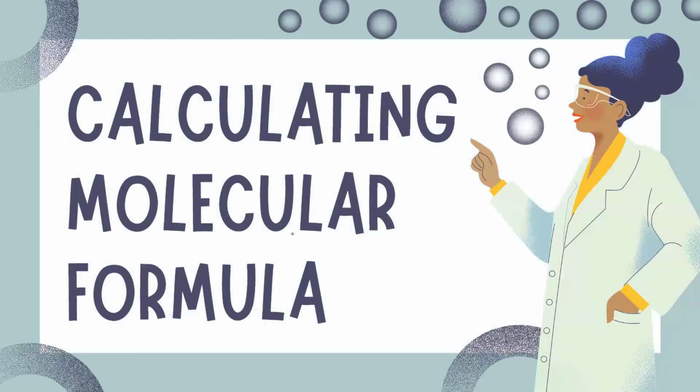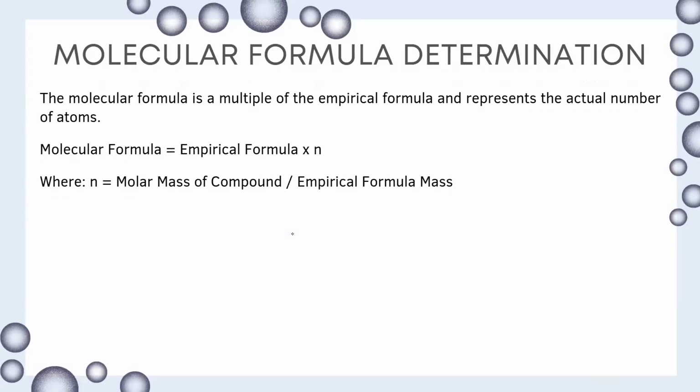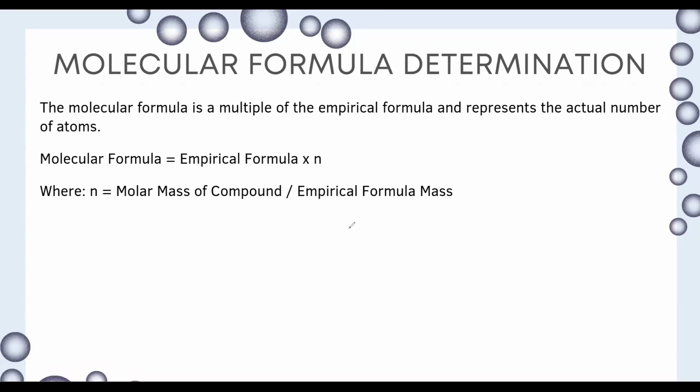Today we're going to be looking at the concept of calculating the molecular formula. Can you all see what's on the screen right now? Beautiful. So now, it is possible that when you calculate the empirical formula of a compound, you can use that information to get the molecular formula of a compound. In our previous class, we talked about what the molecular formula of a compound is.